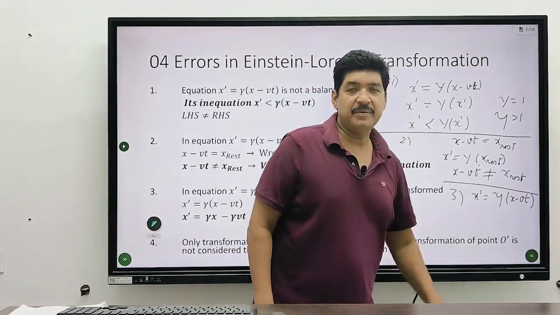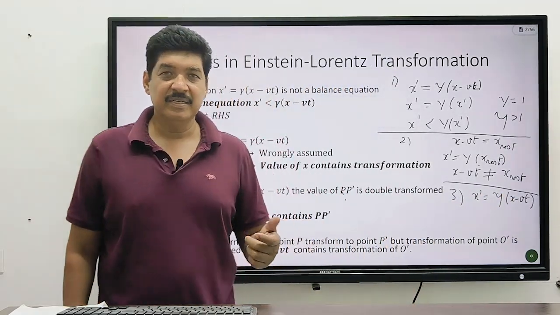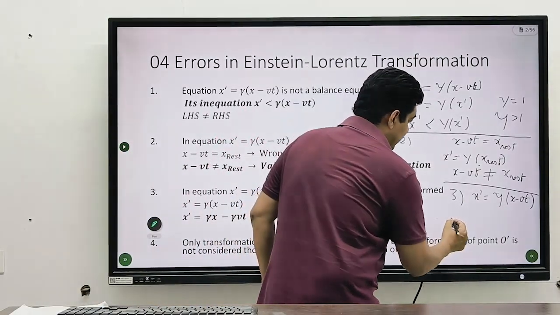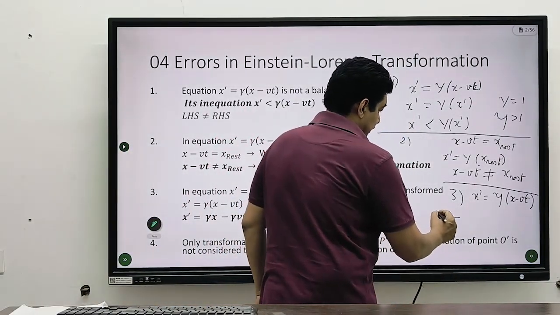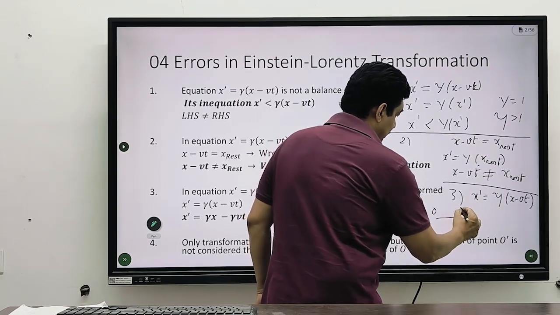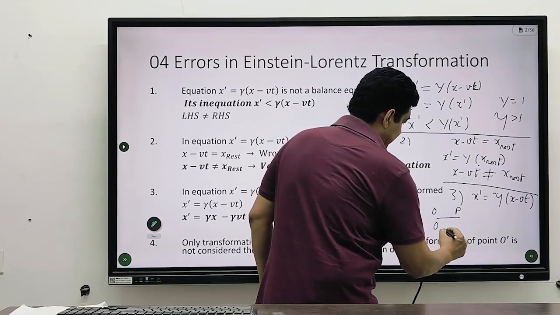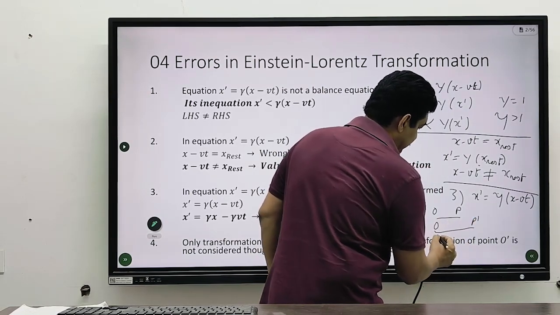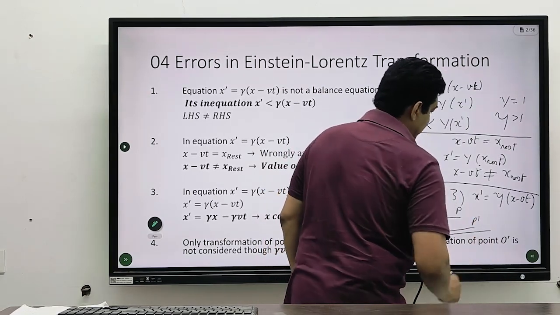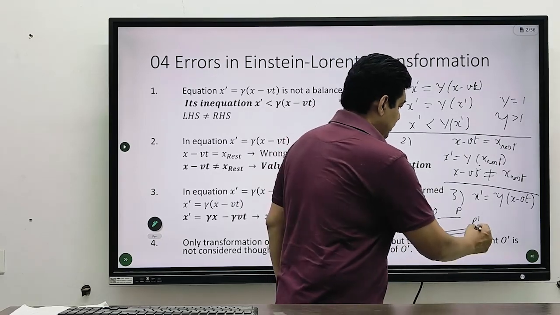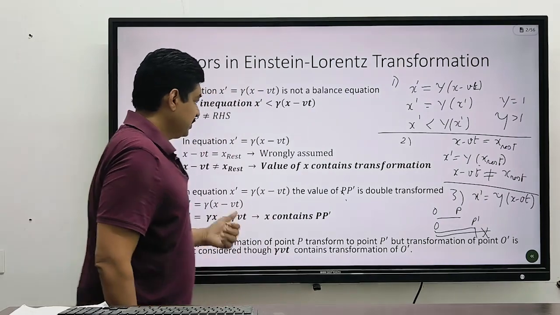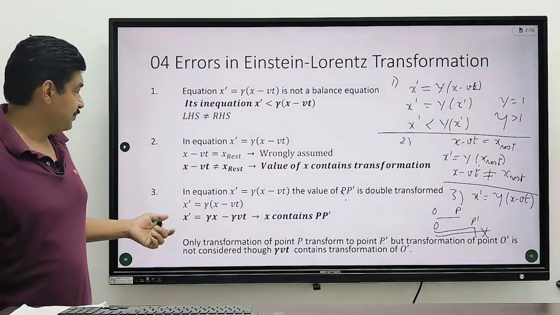Once it is multiplied by the transformation inside, the length OP which has transformed will become OP prime, but actually this equation becomes this. So this whole part is wrong. I will also prove that to you.